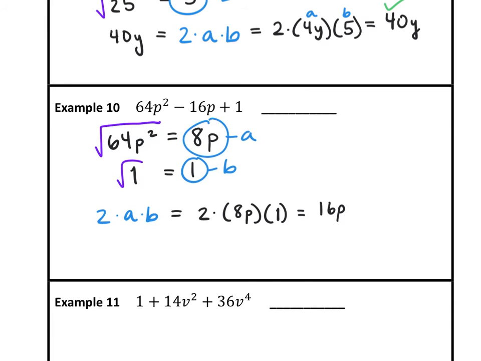Is that the middle term? Yes, right? This is the middle term. So check marks all around. I could take the square root of the first and the last term, and I get the middle term when I multiply 2 times a times b. So here we have a perfect square trinomial.